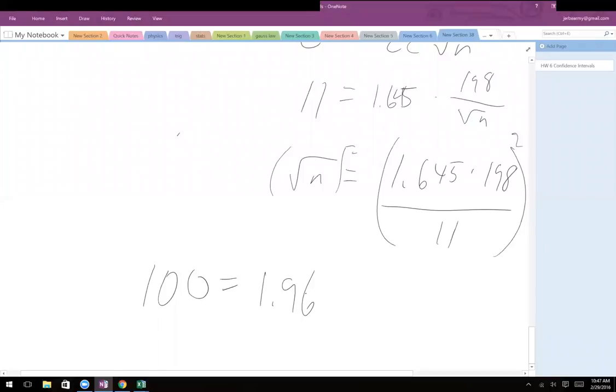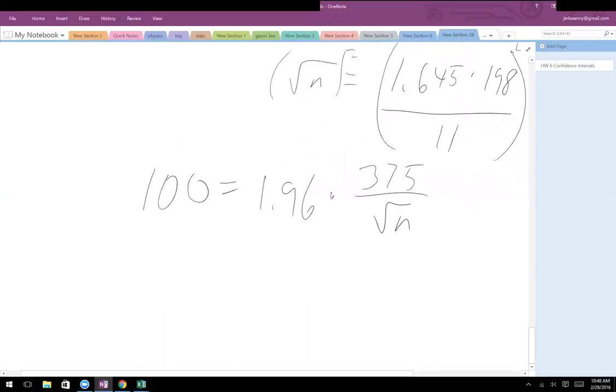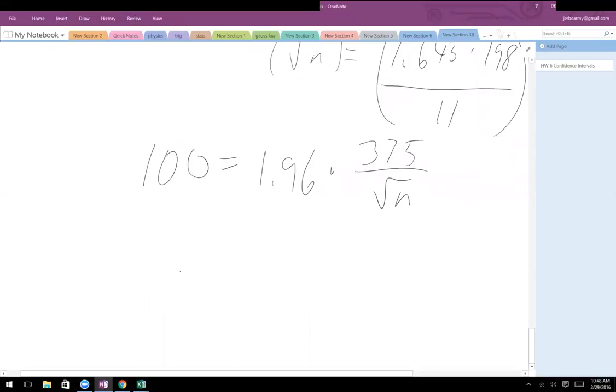That's why we say the 2 standard deviations is where that comes from. Times the standard deviation over square root of n. So, if I got it by itself, it would be 1.96 times 375 over 100, squared.